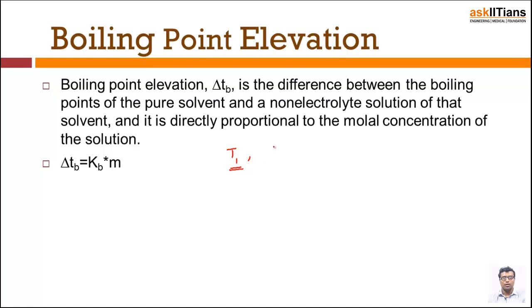Since the boiling point of the resultant solution increases to T2, this difference is called delta Tb, or the boiling point elevation. So it will be T2 minus T1. This change is the difference between the boiling points of the pure solvent and a non-electrolyte solution of that solvent.